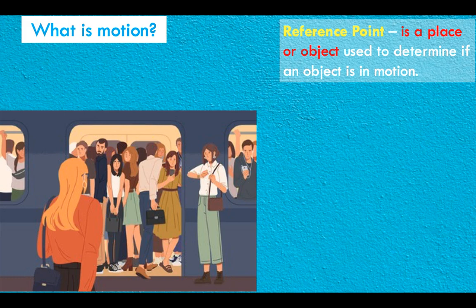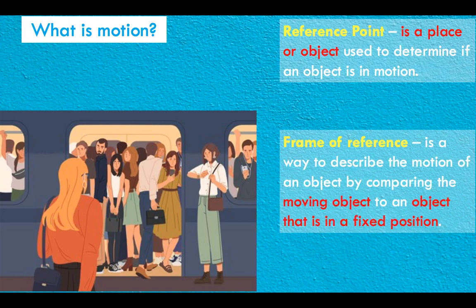Frame of reference is a way to describe the motion of an object by comparing the moving object to an object that is in fixed position. For example, a girl is standing still inside a train as it pulls out of a train station.